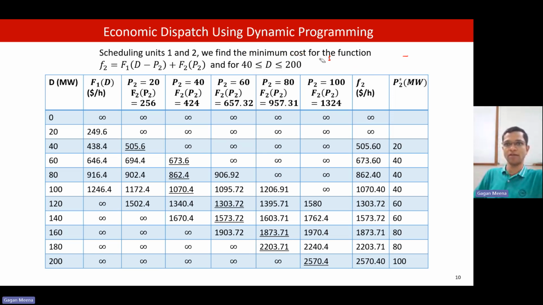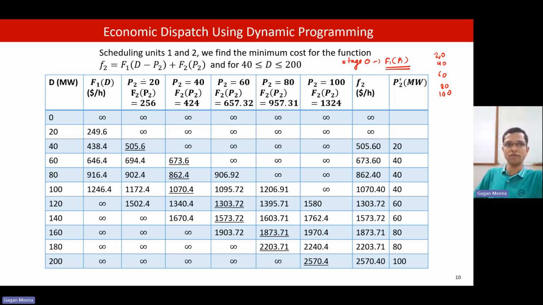Here you can see. So stage 0, we have cost as F1 of P1. For F1 of P1 how many values do we have? 20, 40, 60, 80 and 100. These are the possible combinations.